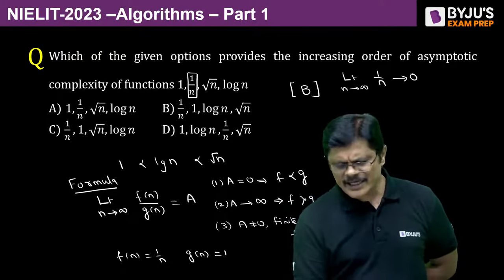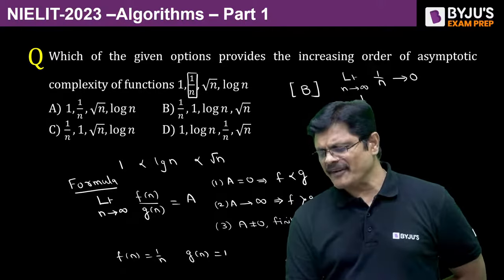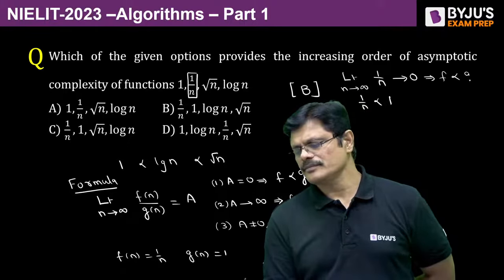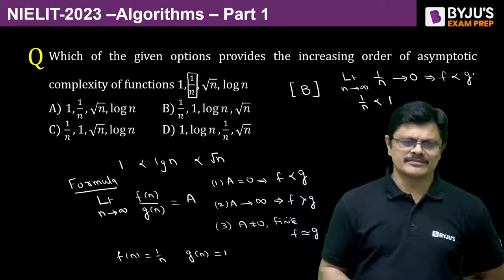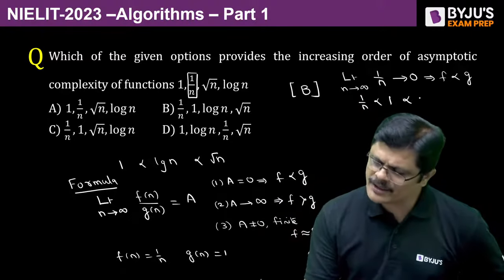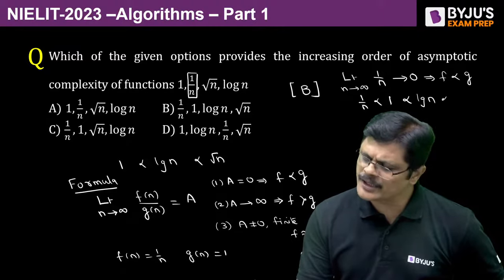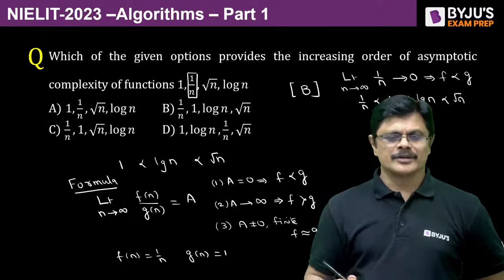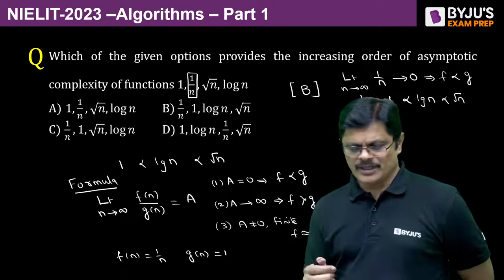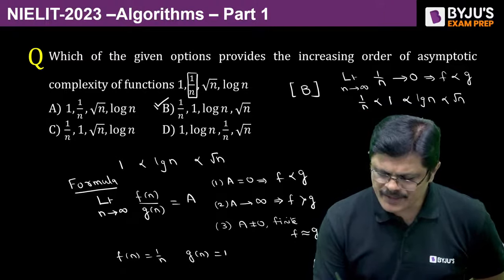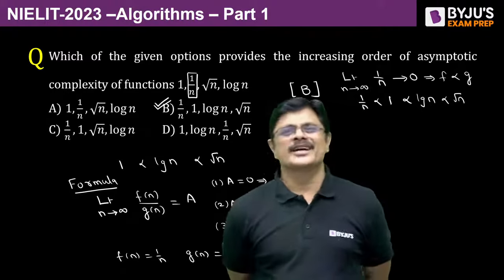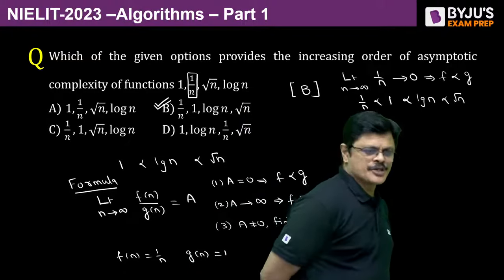So when the limit tends to 0, that means f n is smaller than g n. That is, 1 by n is smaller than 1. Therefore, 1 by n is smaller than 1, which is smaller than log n, which is smaller than root n. That is the solution. So the correct option is option B, my dear friends. What is the correct answer for this problem? Option B.